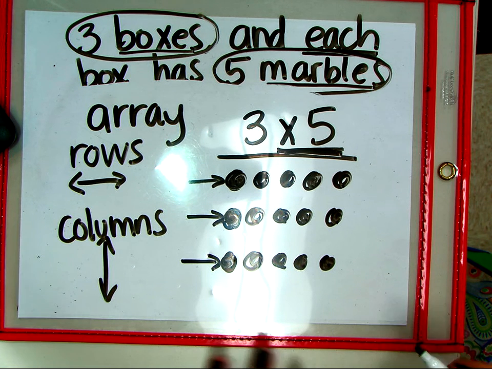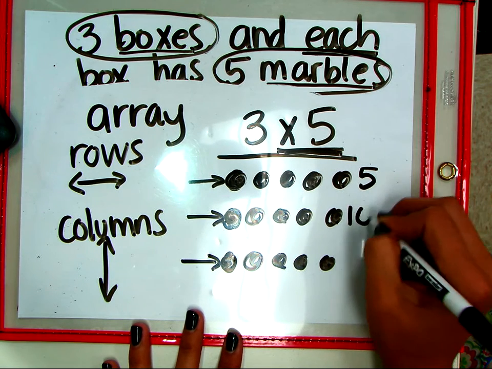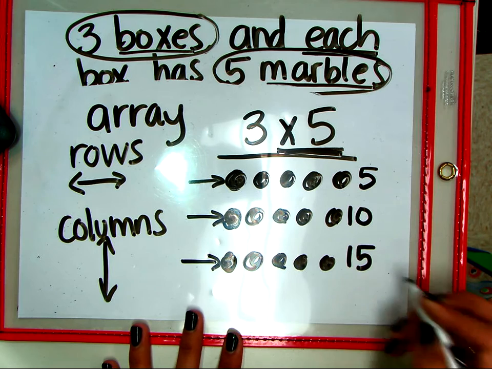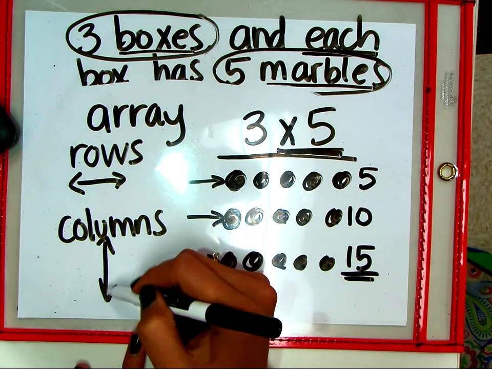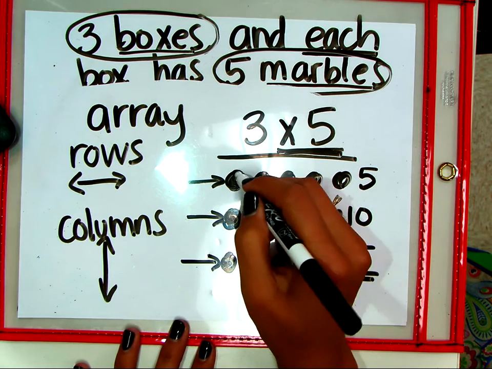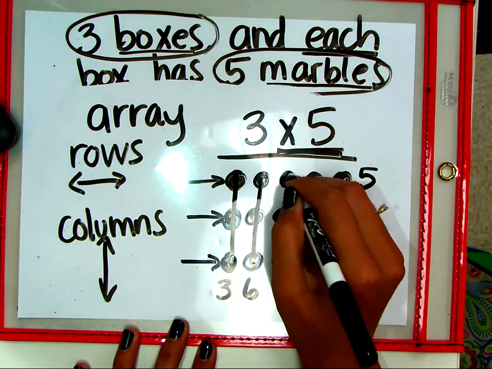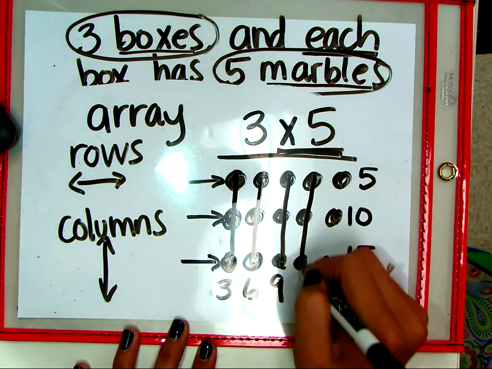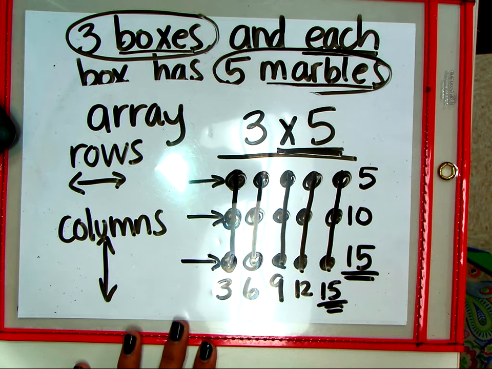So when I add my skip counting for my rows, I have 5, 10, 15. I found my product or my total. I can also skip count the columns. This is 3, 6, 9, 12, 15. And again, I found my total or my product.